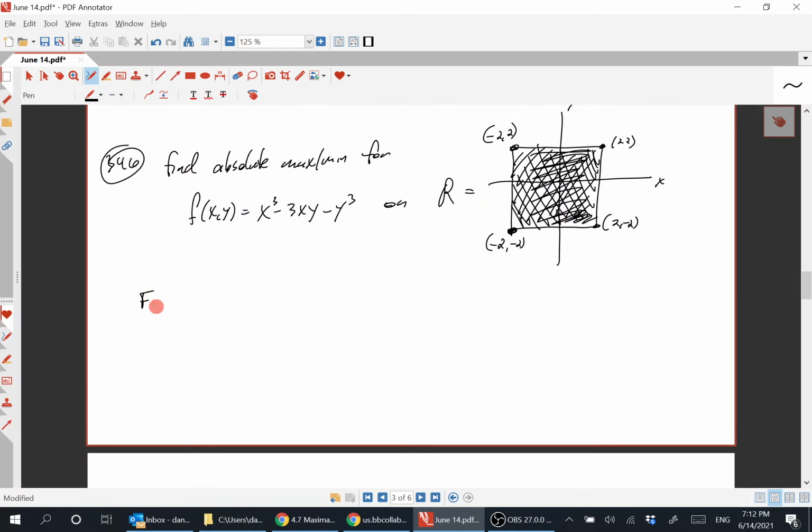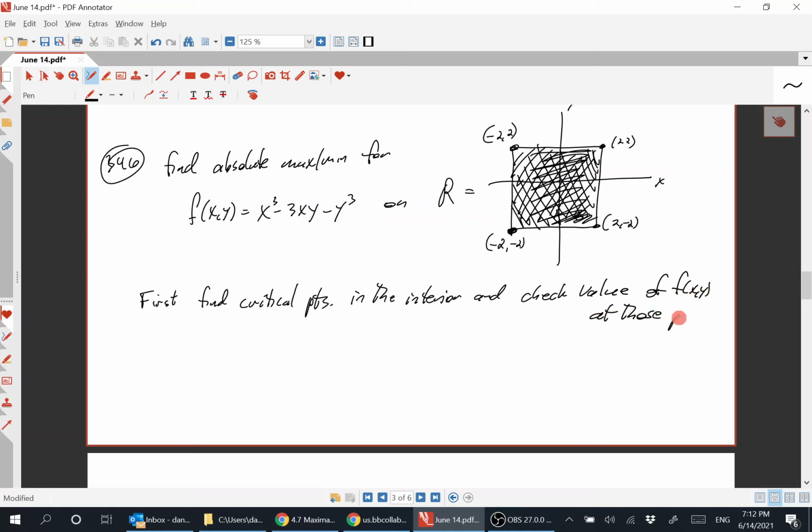Okay, so first, find critical points in the interior and check the value of f(x, y) at those points. So you don't have to determine whether that point is a relative maximum or a relative minimum.